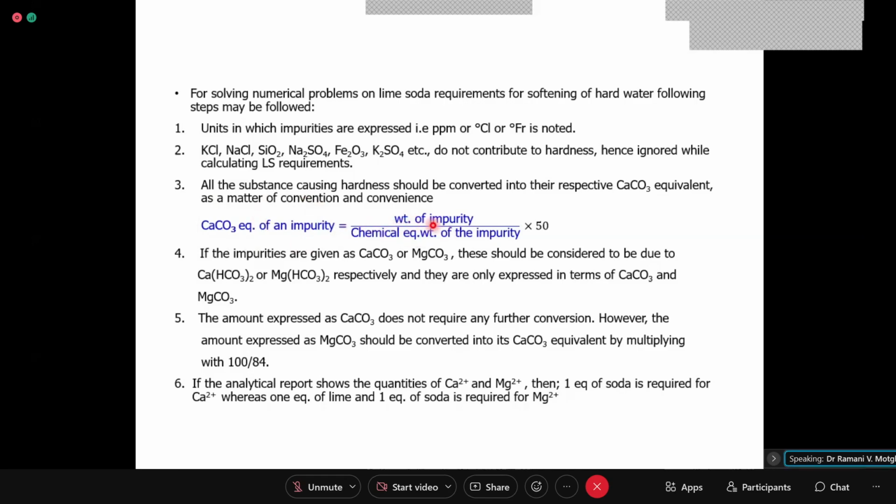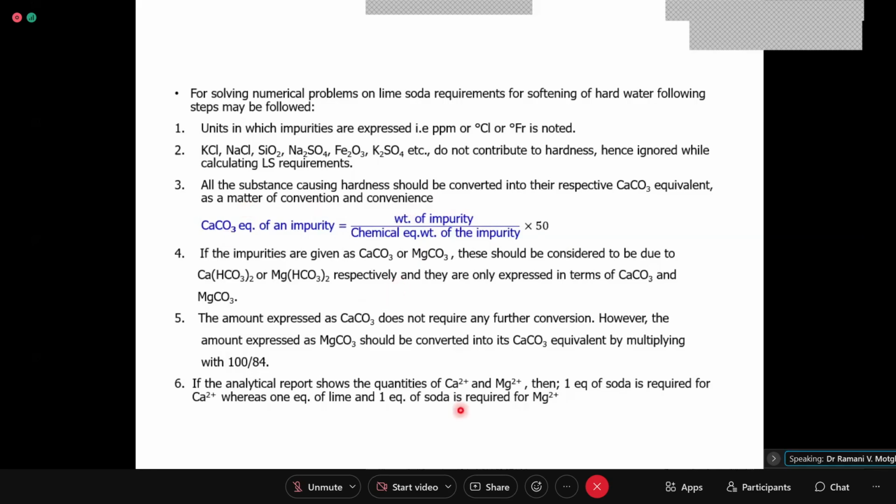So the weight of impurity is generally given. What you need is 50 by the equivalent weight of the impurity, or 100 by the molecular weight of calcium and magnesium salt. Okay, so that becomes your multiplication factor. The weight of impurity is generally given to you.